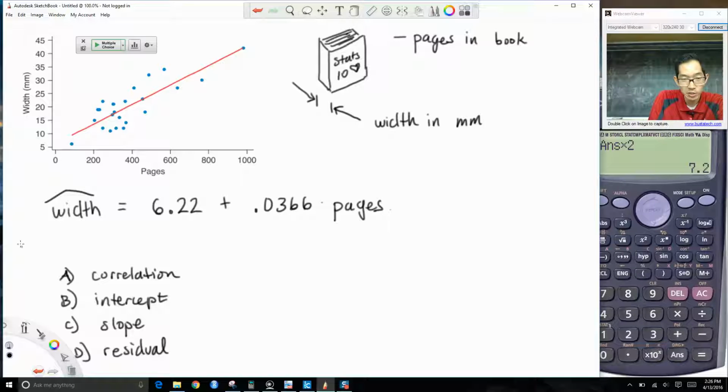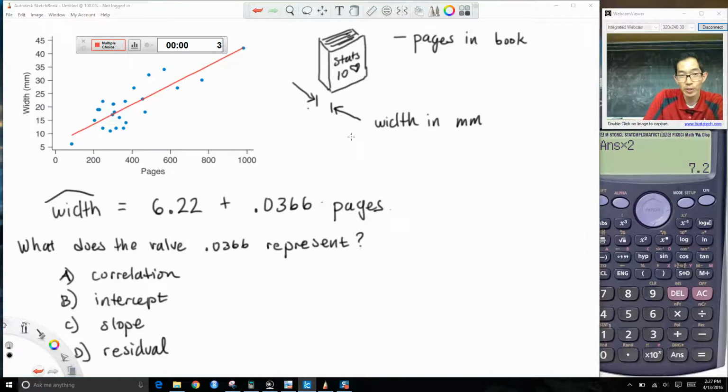What does the value 0.0366 represent? You can start punching in your responses.